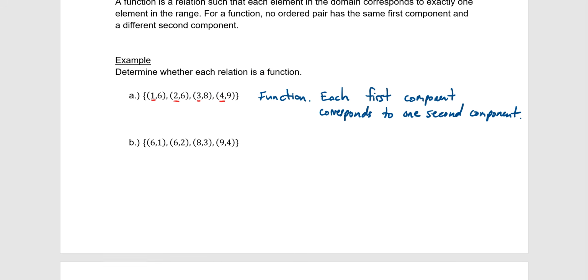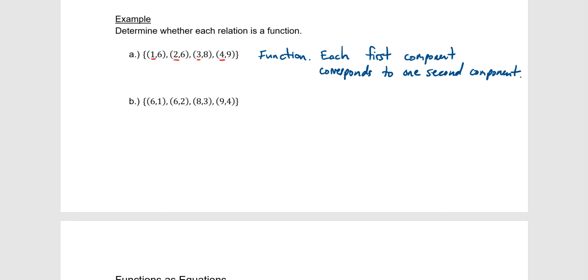Okay, and then for the second one here, we take a look at the first components. We have 6, 6, 8, and 9. Taking a look at these first 2 ordered pairs, we actually have a 6 as both of their first components, and the first one goes to a second component of 1, and the next one goes to a second component of 2.